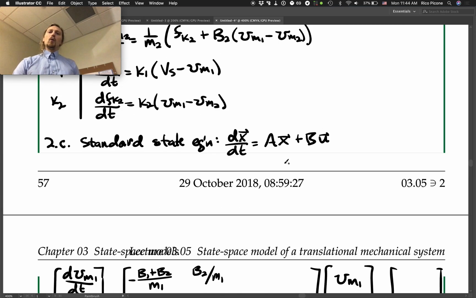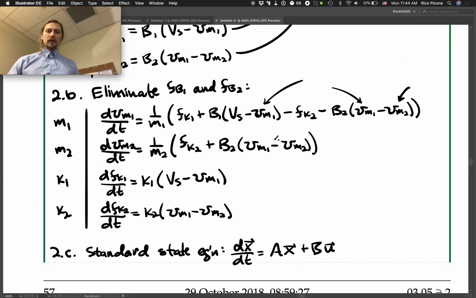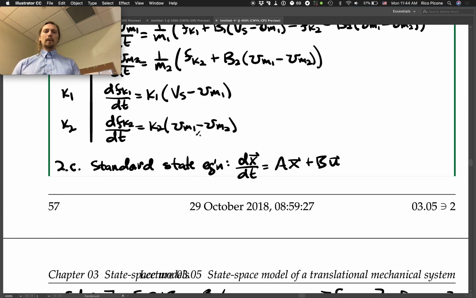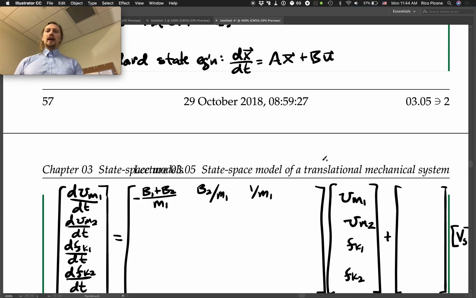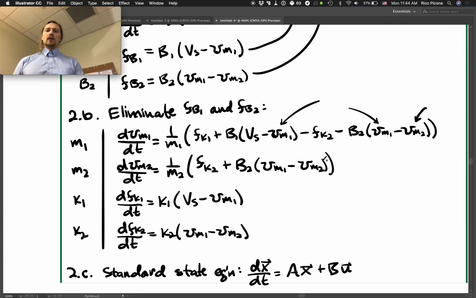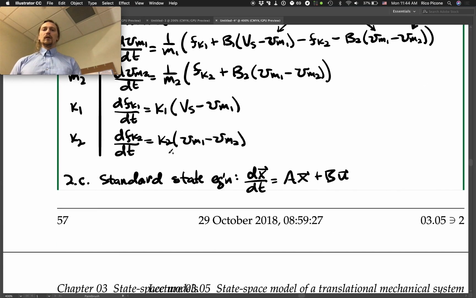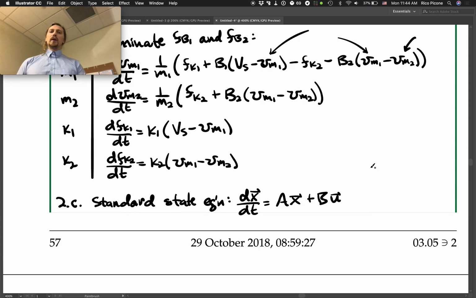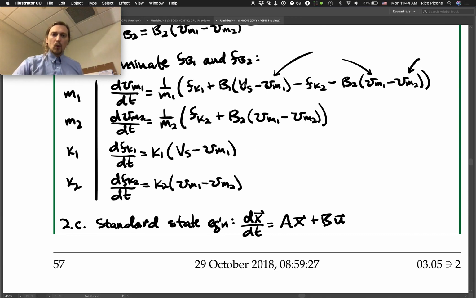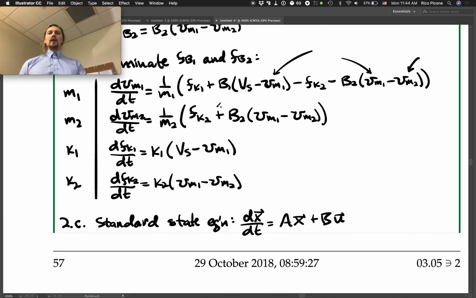And the Fk1 coefficient, looks like it only shows up here, is just 1 over m1. And the Fk2 element is negative 1 over m1. And finally, the input coefficient is b1 over m1.